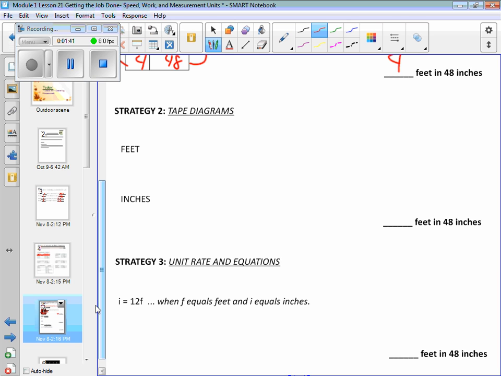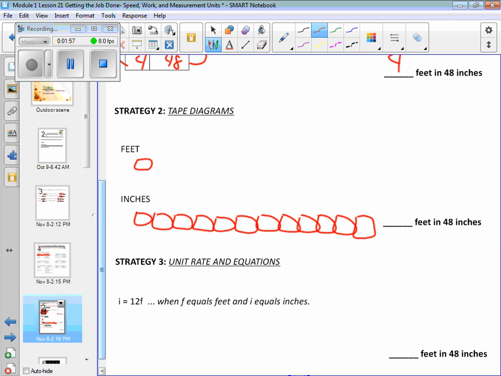Tape diagrams. Your tape diagram is the given ratio for 1 foot is 12 inches. So you got to do a 1 by 12 tape diagram. And these 12 boxes are going to represent 48 inches.